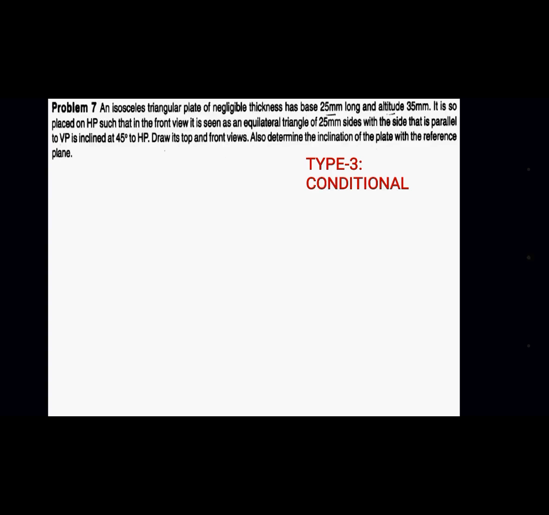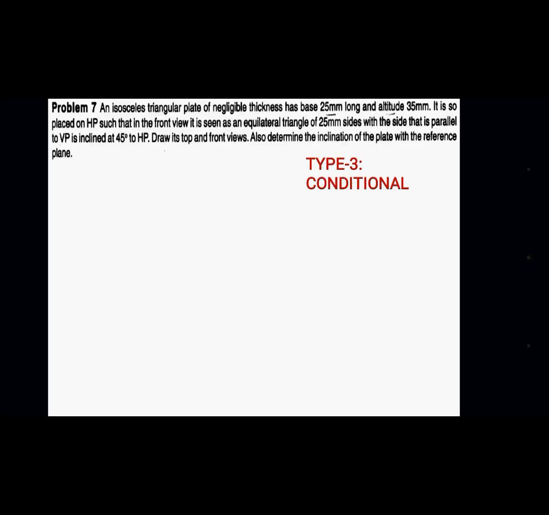So certain conditions are given here. It's different from the previous two types. In the previous two types you had HP angle and VP angle, or the angle with reference to the median was given. But in this problem, there are two types of triangles mentioned.